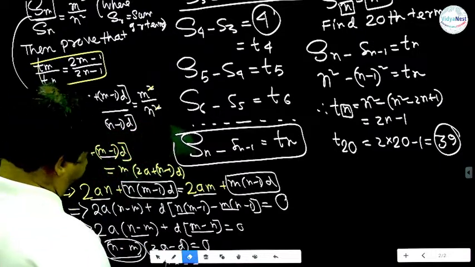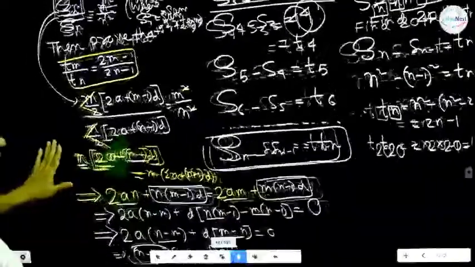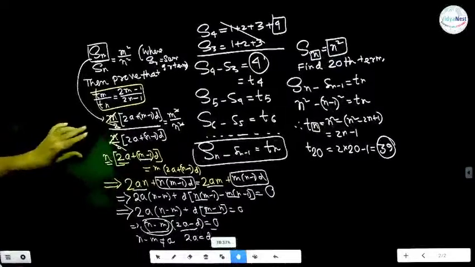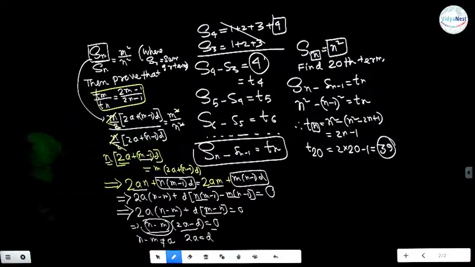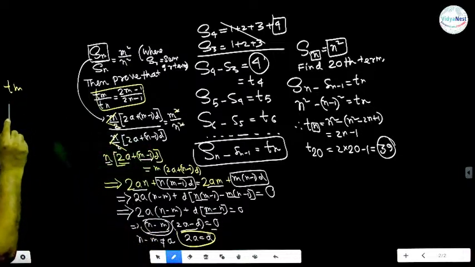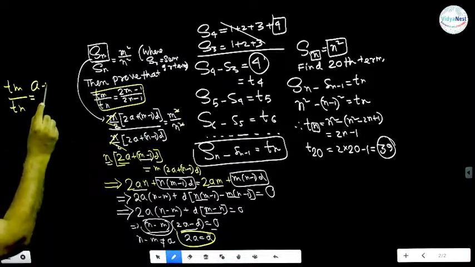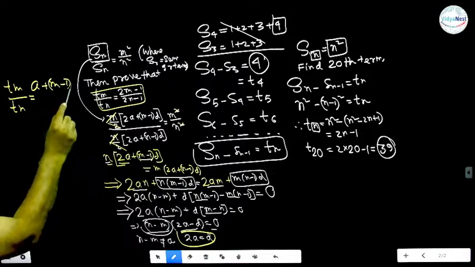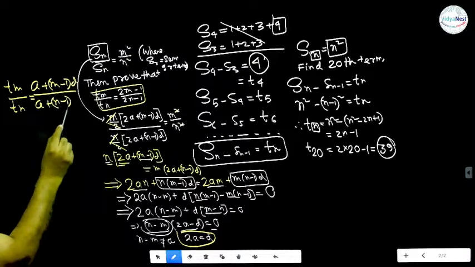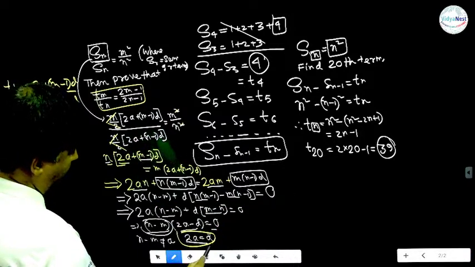Hope it is still visible. Yes, sir. Okay. So we have got 2a is equal to d. Now Tm by Tn. What is the formula you are taught in case of Tm? A plus m minus 1 into d by a plus n minus 1 into d. D we have got as 2a.